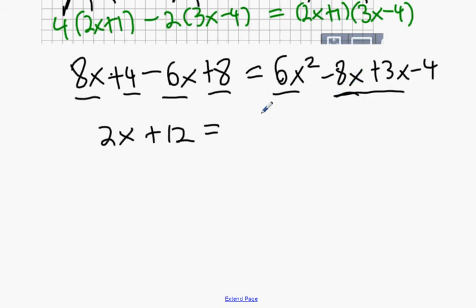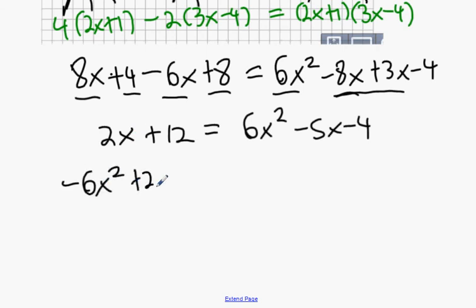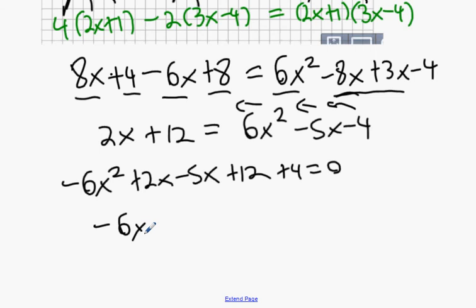Minus 8x plus 3x, I mean. Minus 5x minus 4. Move everything to one side. Minus 6x squared plus 2x minus 5x plus 12. I just moved everything here onto the other side. And then it's going to be a plus 4, isn't it? So we get minus 6x squared minus 3x plus 16.